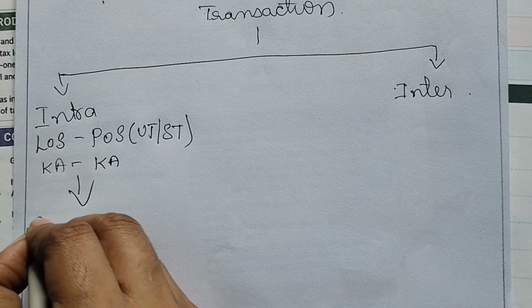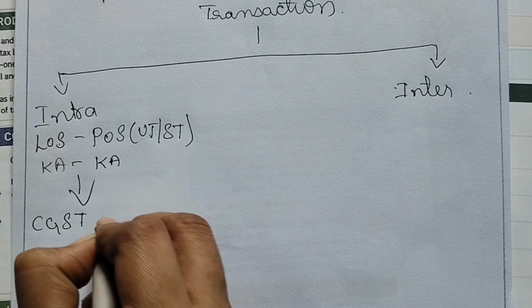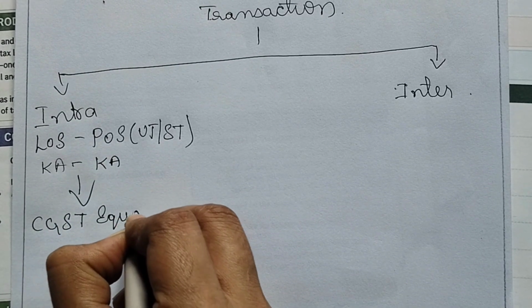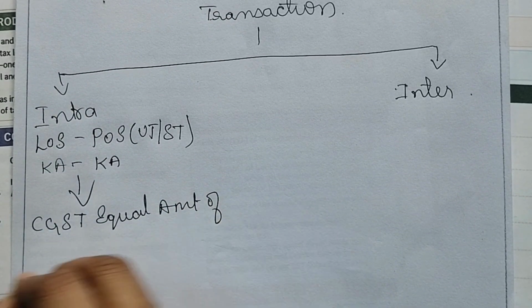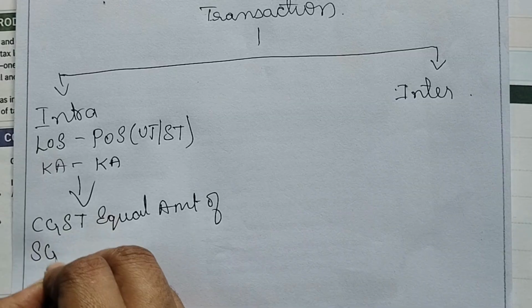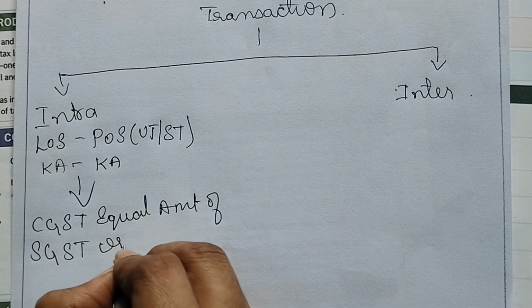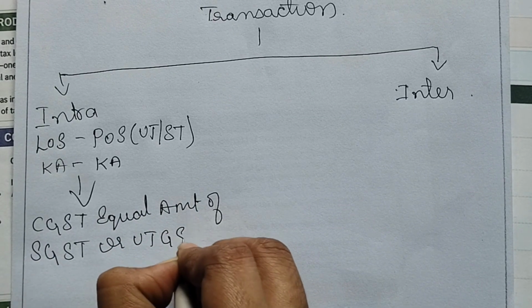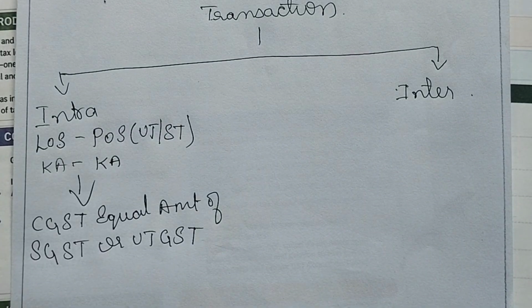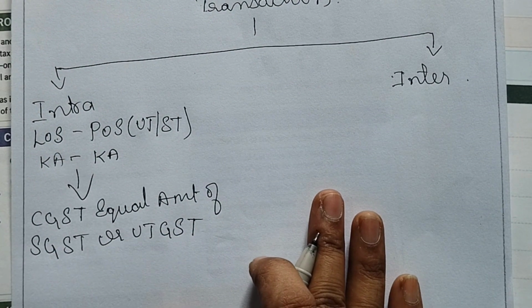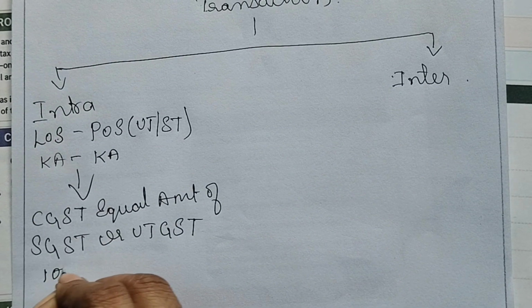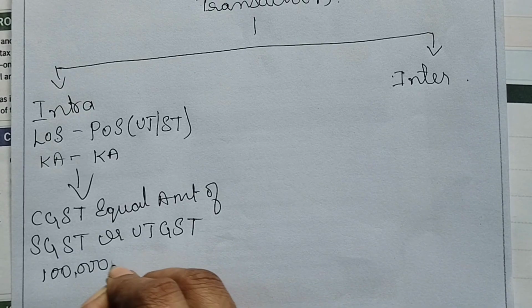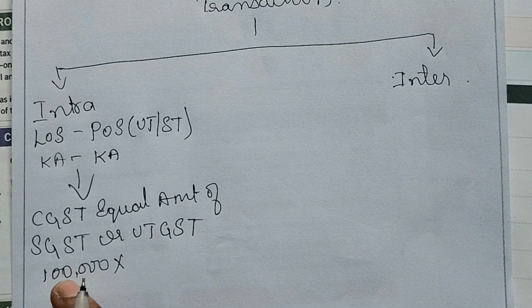Here CGST and an equal amount of SGST or UTGST will be collected. Let us understand with a small example. Now I have a supply of 1 lakh rupees and 18% GST.